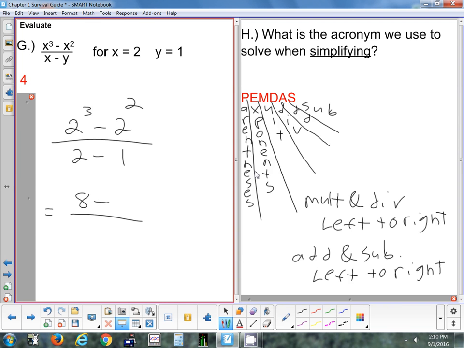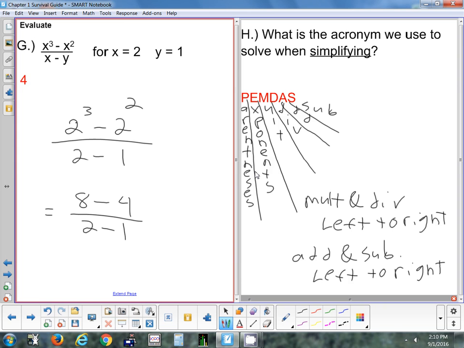How about Emily, what's 2 to the 2nd power? 4. Okay, so I've done my exponents. If I want, I could do 2 minus 1 in my head. If it's confusing to do multiple steps, just do it out one step at a time.